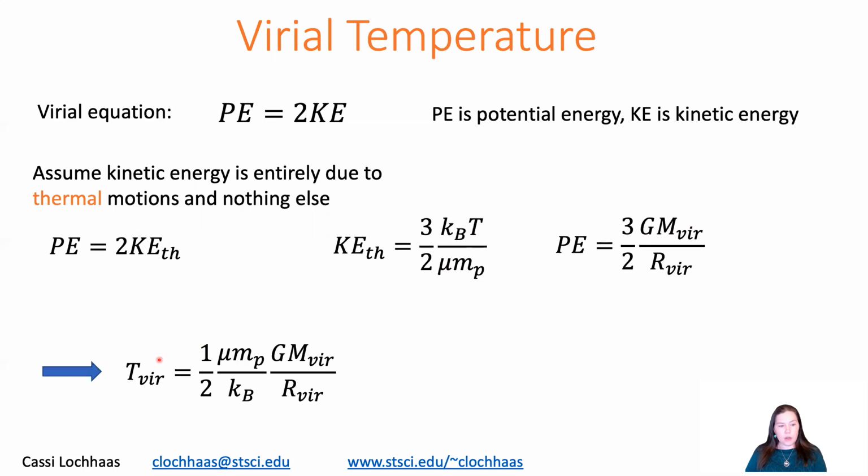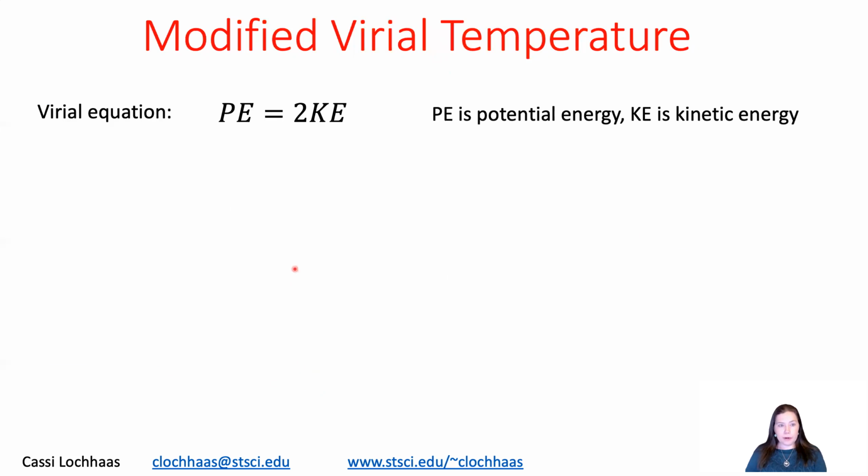So plugging these in and solving for the virial temperature, we end up with a temperature that depends only on the virial mass and radius of the dark matter halo. But as we just saw, this is not a very descriptive temperature for the outer regions of the circumgalactic medium in the FOGGIE simulations.